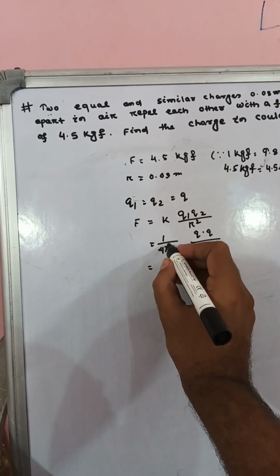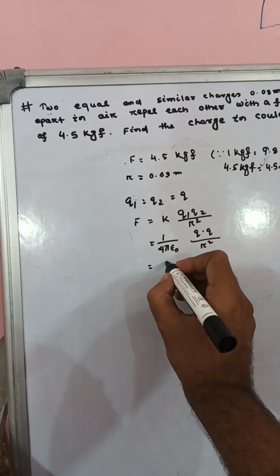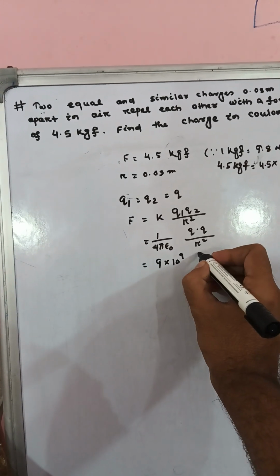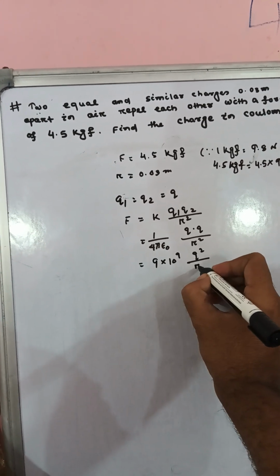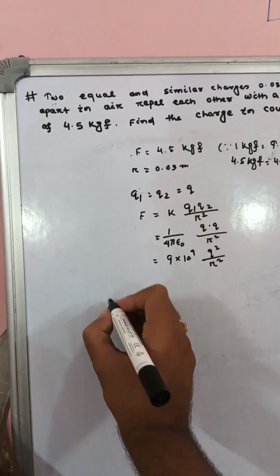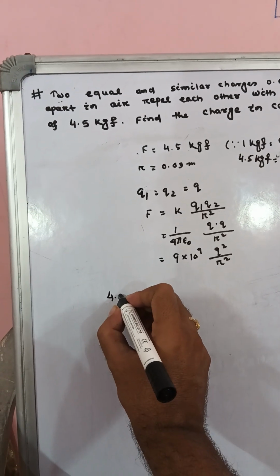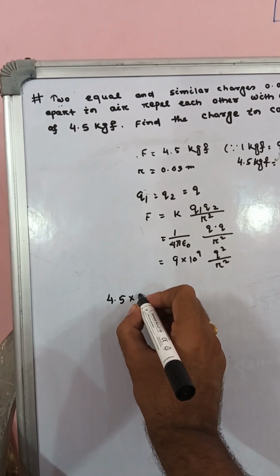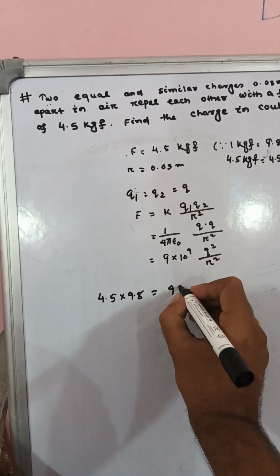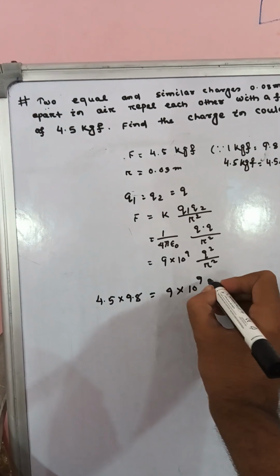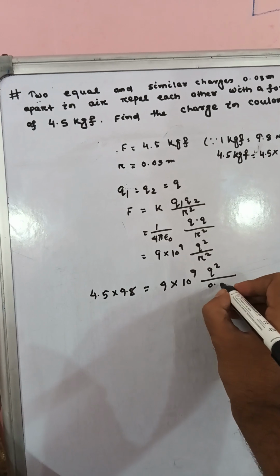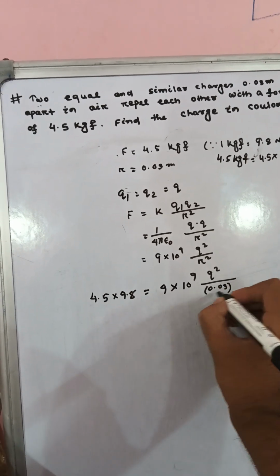Then we know this value, 9 into 10 to the power 9 into Q square divided by R square. Then force is equal to, we know the force, 4.5 into 9.8 Newton is equal to 9 into 10 to the power 9 Q square divided by 0.03 whole square.